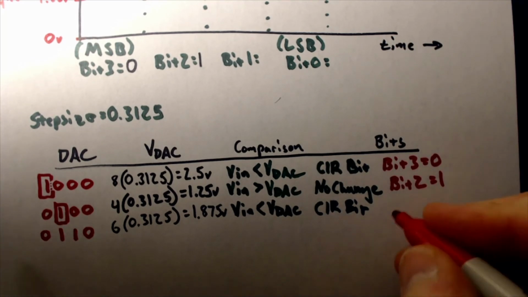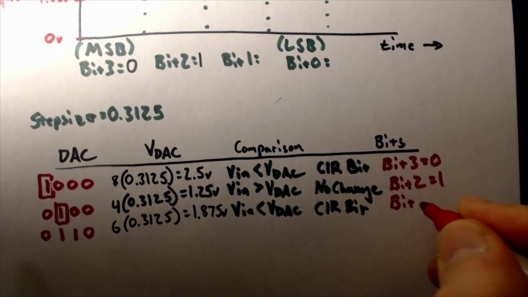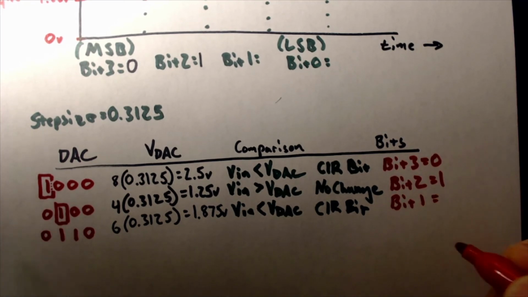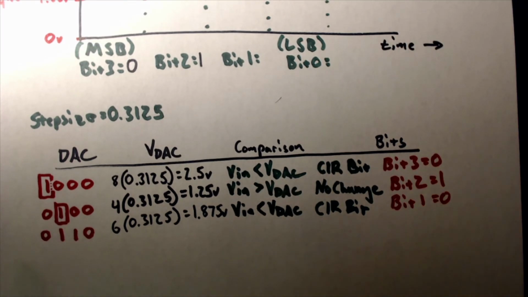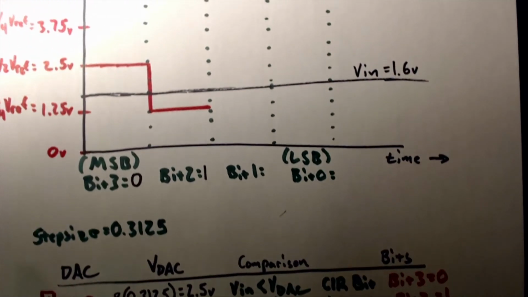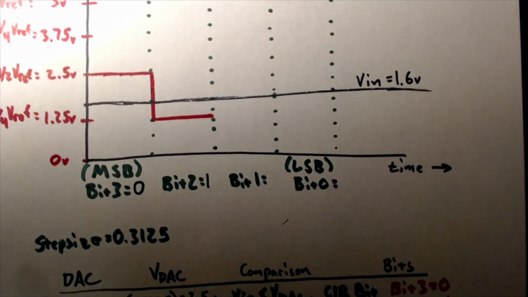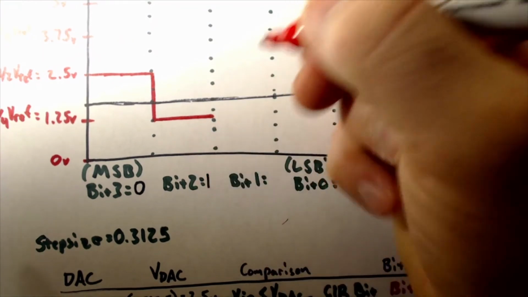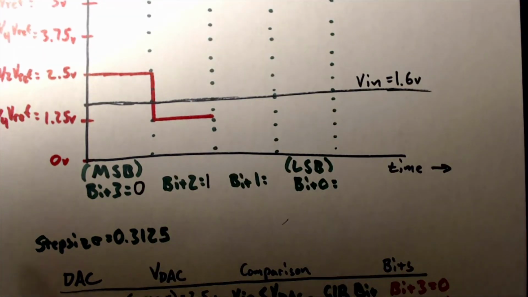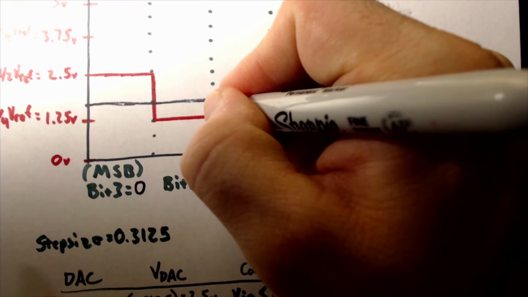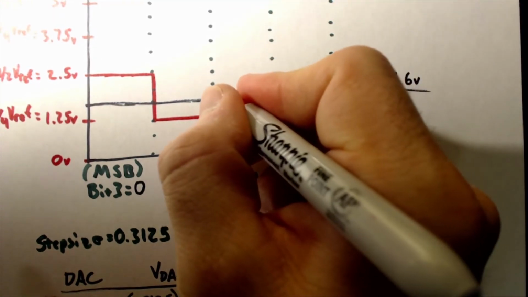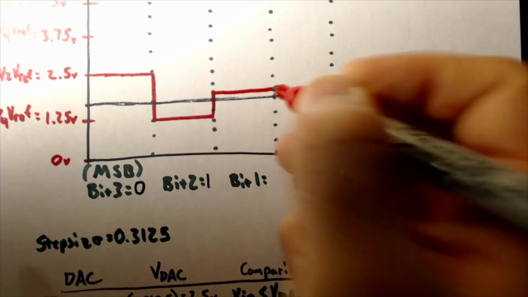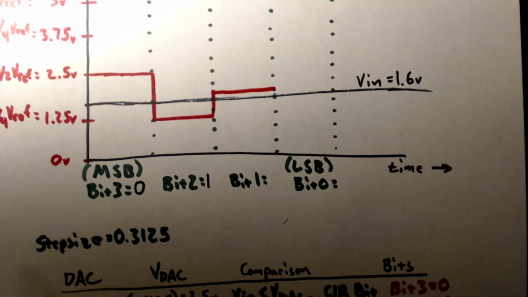So bit 1 is going to be equal to 0. I should have shown graphically before I cleared that bit that this went up to 1.875. We're just above our Vin, and that's why we ended up clearing it.